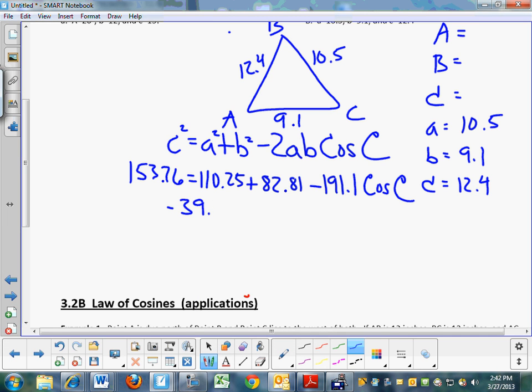So I got negative 39.3 is equal to negative 191.1 times the cosine of C.